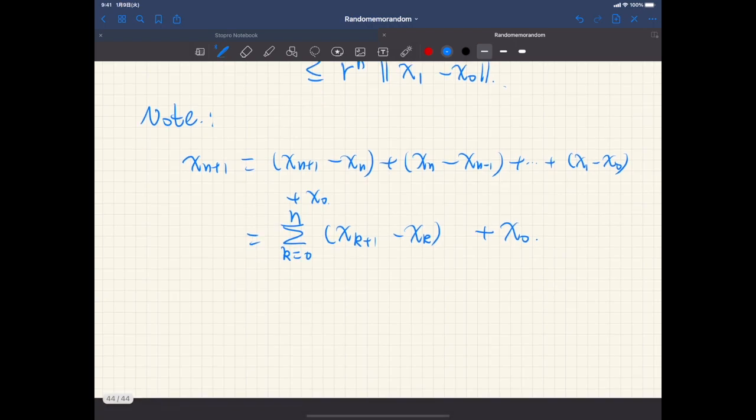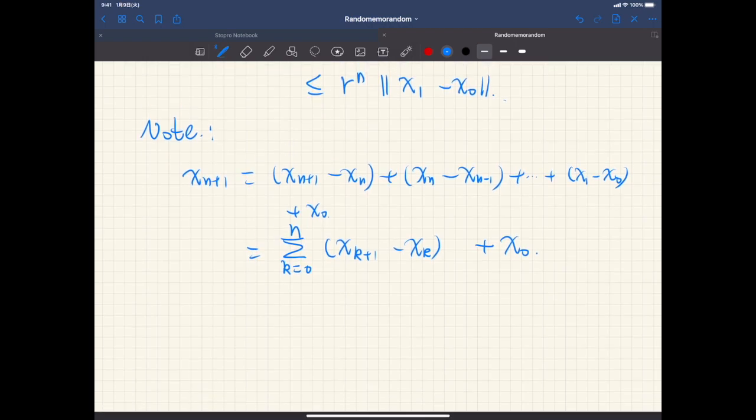Why are we doing this? If we take the norm of both sides of this equation, we have the norm of xn plus 1, and applying the triangle inequality, this is less than or equal to the sum of these norms.